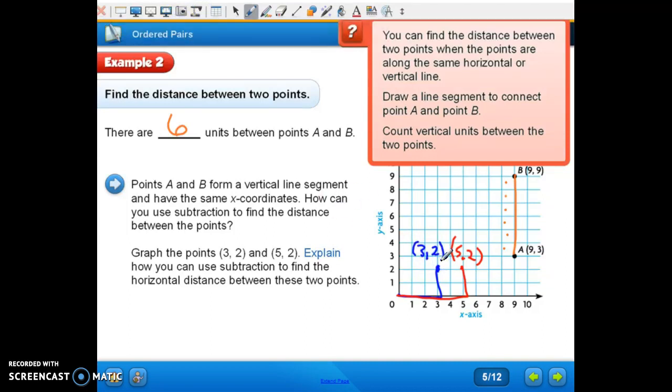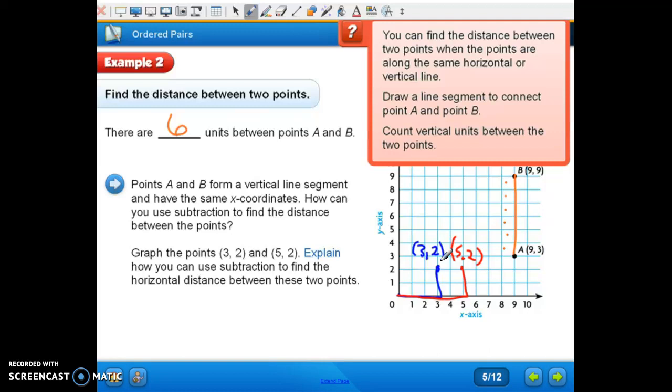Okay? So then we're supposed to explain how we can use subtraction to find the horizontal distance between these points. Well, which coordinate represents the same place? The 2, the y, right? So what are we going to subtract?